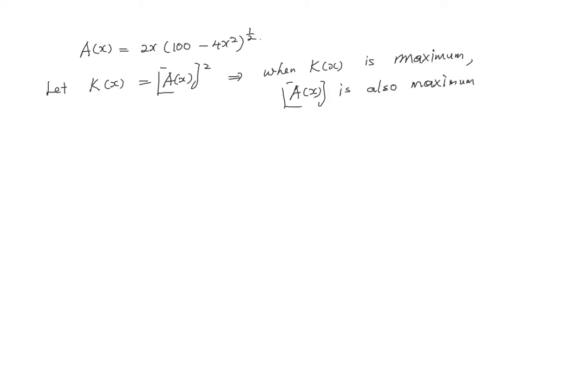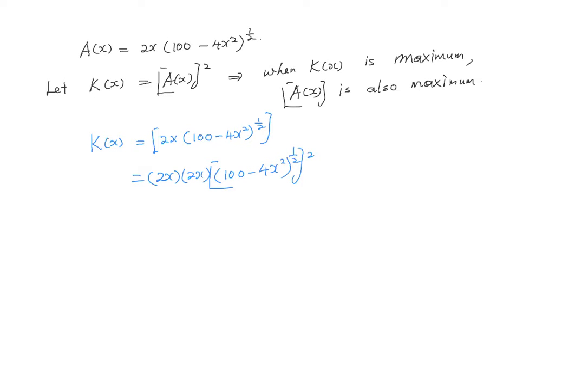Okay, why this method is very good is because now if you look at my kx, when I square this whole thing, so I will have 2x times 2x, then 100 minus 4x squared to the power of half, then you square it again.